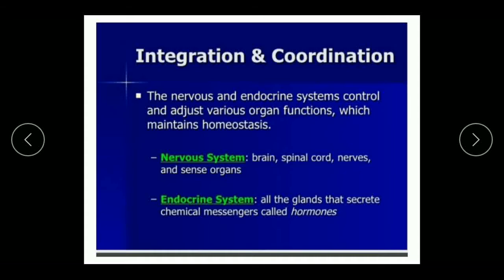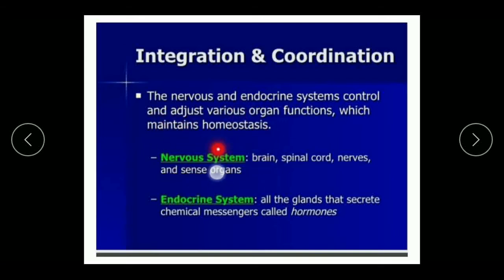It maintains regulation and normal function.